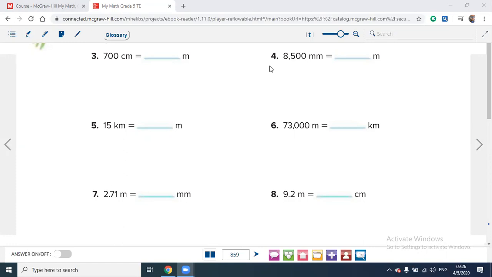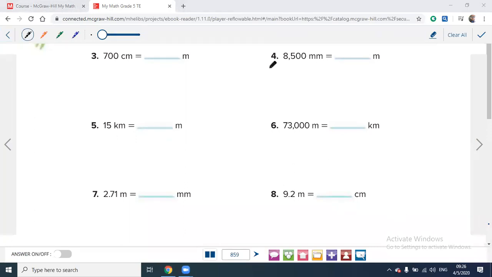Like 700, I'll divide by 100 equal 7. Yes, excellent. Okay, Khalid Somali solved number 4. Yes, right answer, Khalid. Excellent.